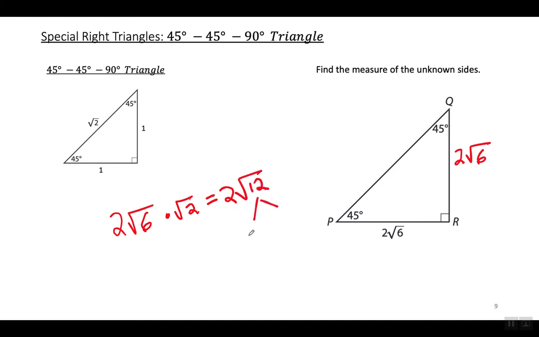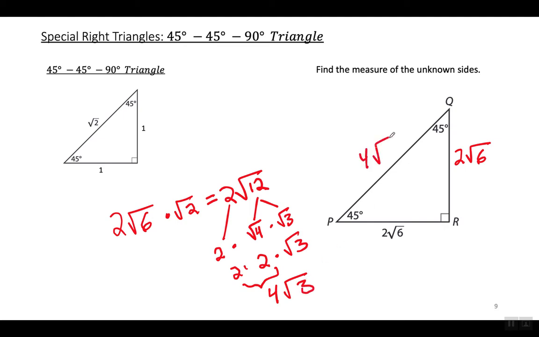I can break it up into square root of 4 times square root of 3, and by the way, this 2 is out here. The square root of 4 is 2. So my simplified answer would be 4 square root of 3. That would be the hypotenuse. If you didn't get that, you should look at my video for R1. I did a lot of examples there.